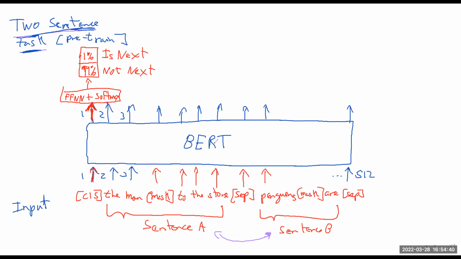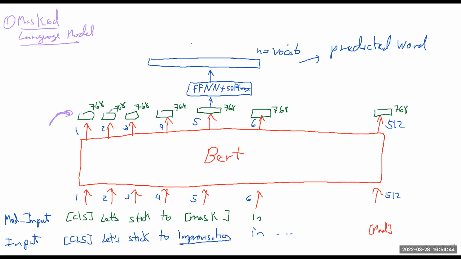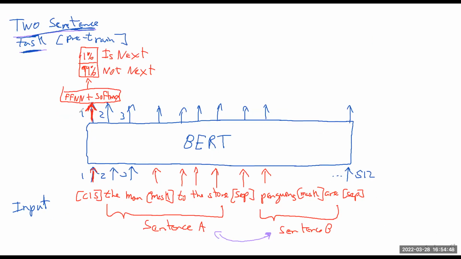The point is, when you pre-train BERT, initially you can pre-train it on the masked language problem of predicting the words, and also on predicting whether 2 sentences are next to each other or not. The original BERT transformer was built entirely on these 2 tasks or objectives.